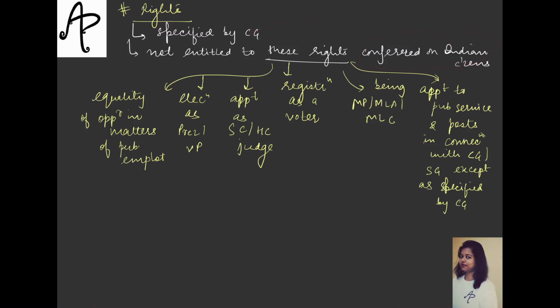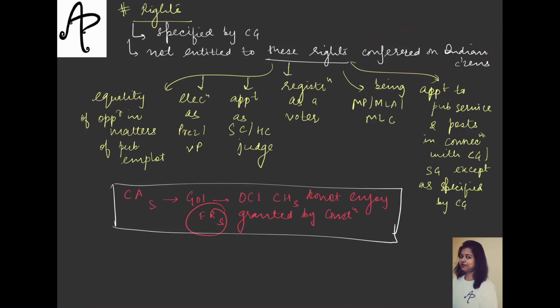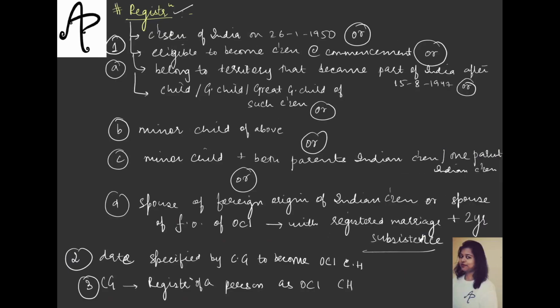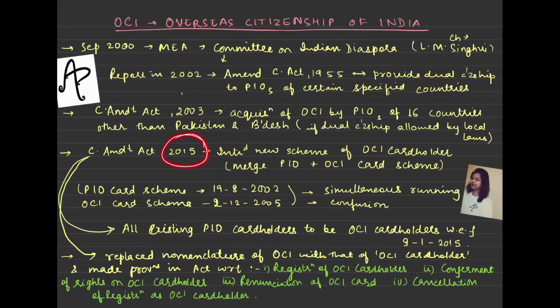And also recently there has been a judgment, so this is a part of current affairs, that Government of India has clearly mentioned that the OCI card holders do not enjoy the fundamental rights granted by Constitution of India. ठीक है, so this you have to, prelims में देखिए सीधा सीधा one liner question हो सकता है, so you might get confused, because these are the provisions that we have seen is being given in this 2015 Amendment Act.